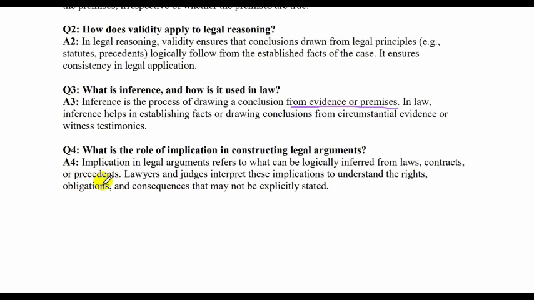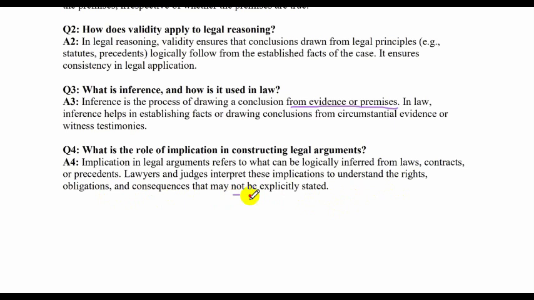That statute, that precedent, what do we understand? Whatever we can get out of that particular statute is implication, that it implies certain things. Lawyers and judges interpret these implications to understand the rights, obligations and consequences that may not be explicitly stated.